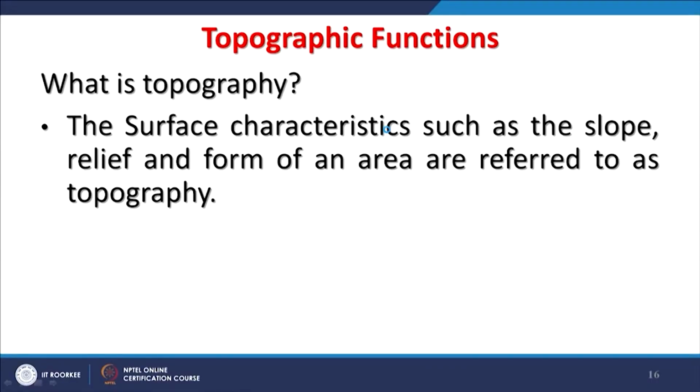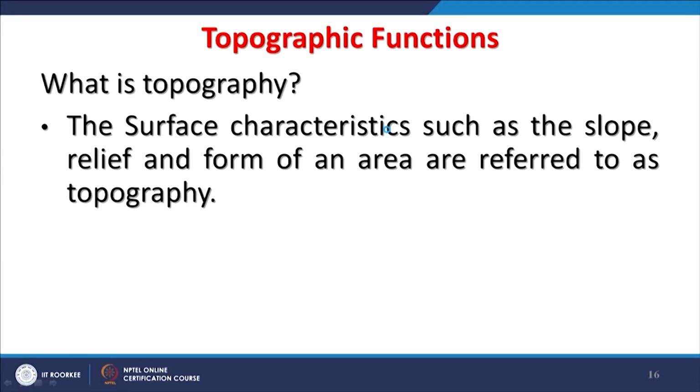Now, the second among these neighborhood functions after interpolation is the topographic function. Before that, I would like to briefly discuss what exactly topography is. Those who may not be from the earth science or civil engineering domain need to understand very briefly what topography is. It is about the surface characteristics of a terrain.